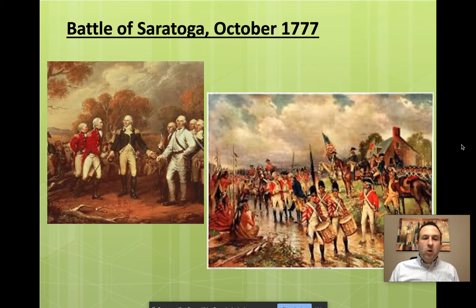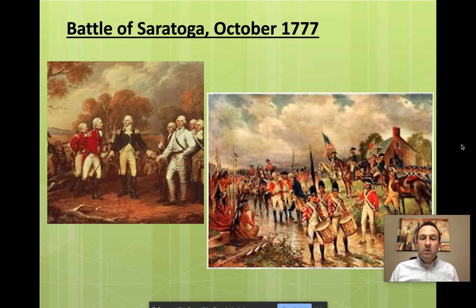Now, the Battle of Saratoga becomes the turning point of the war, because this is really the first significant victory for George Washington. Now, he's had a couple minor wins here and there, but this is the first real win for George Washington. The British Army actually surrenders. They don't run away. It's not just a moral victory. It's not ambiguous. 5,000 troops of the British Army surrender along with their weapons.